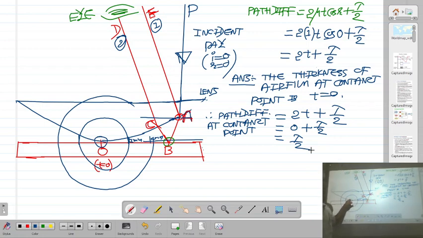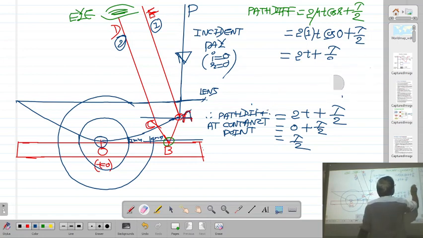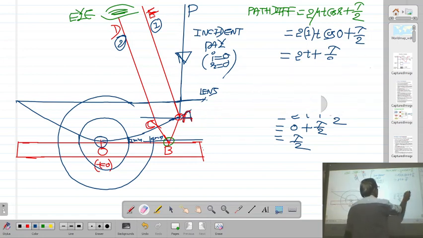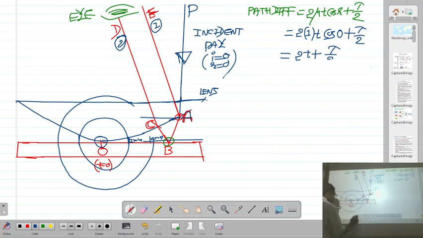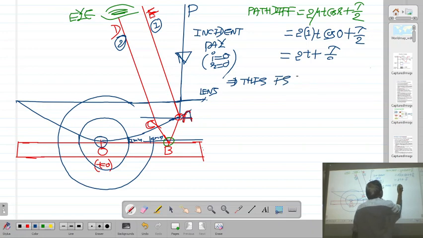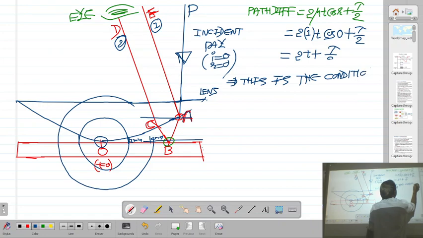Here at the contact point the path difference is lambda by 2, and lambda by 2 is the condition of destructive interference. So mention that this is the condition of destructive interference.